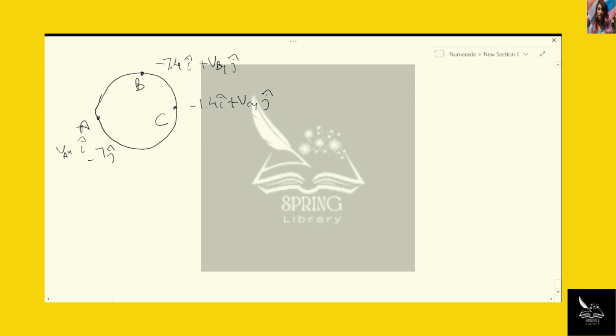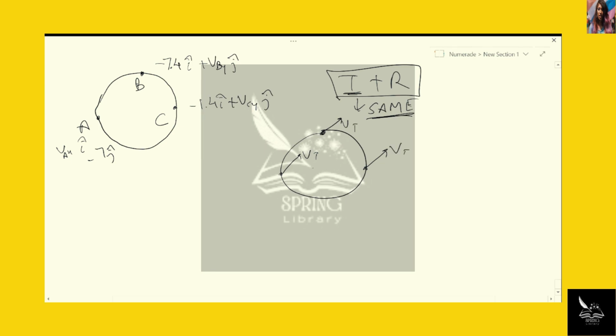Okay, so we solved this problem, as usual, by breaking it into translation plus rotation. Translational velocity is the same for all the points. That's the most important point to remember. So we draw our disk again, and we give each point a translational velocity Vt, same magnitude, same direction. Now rotational velocity is omega cross r, so we need to assume an omega.